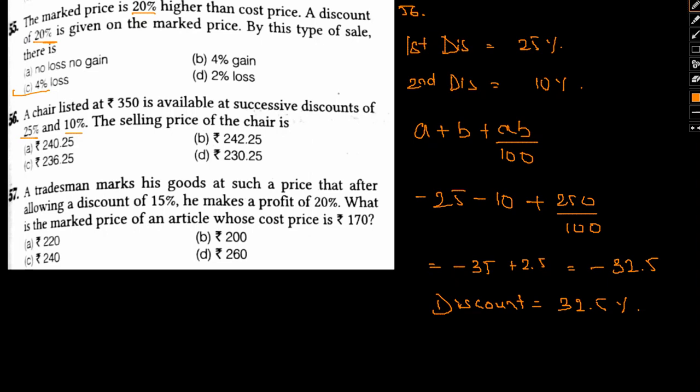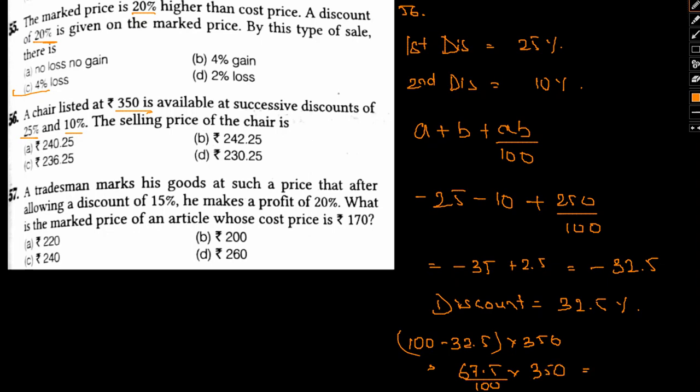Now if we further look at the same, our list price is 350. So 100 minus 32.5, that is 67.5 by 100 because it's a percentage thing, into 350.